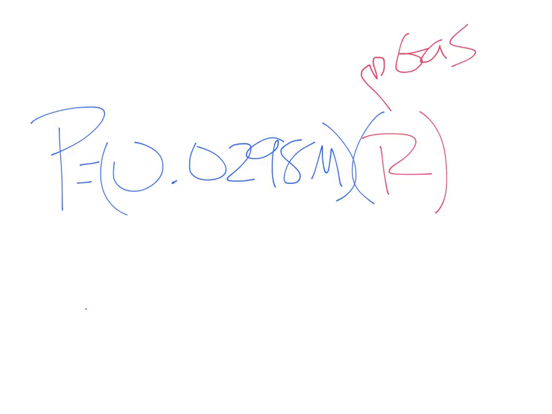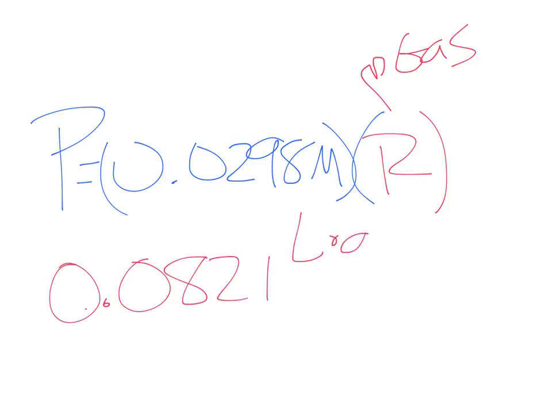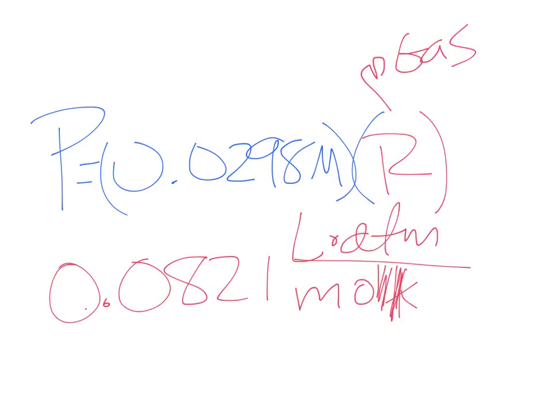But if you forget what numerical value or what your units are, how can you remember? Use that formula sheet. So 0.0821, what's the unit for the gas R? Liter atm over mole K.